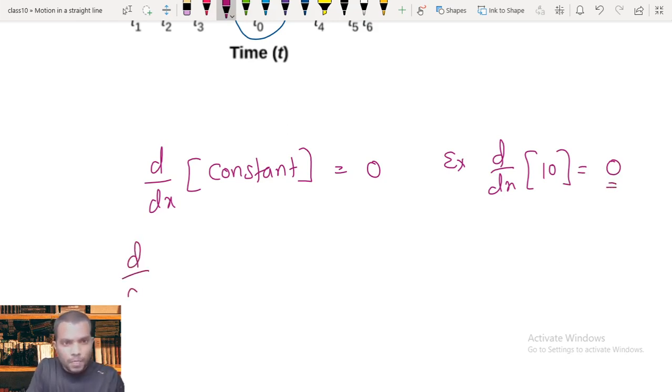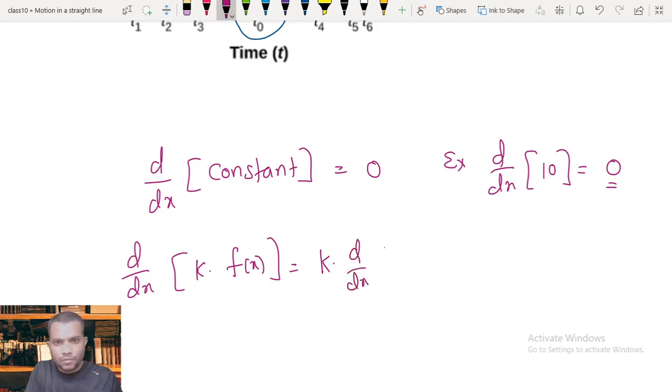Second formula: d by dx of some constant k times a function f of x. We do not differentiate the constant, so it goes out of the differentiation. So d by dx of k f of x equals k times d by dx of f of x.